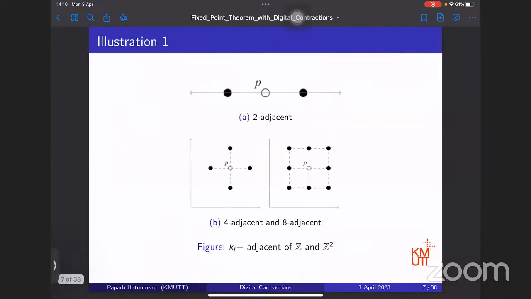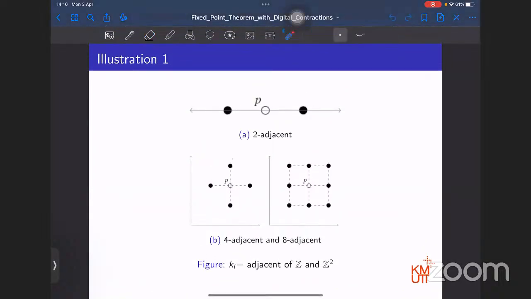Here is an illustration of adjacency in Z and Z squared. In picture A, it is 2-adjacent. You can see P adjacent to 2 points, in 4-adjacency P is adjacent to 4 points, and in 8-adjacency P is adjacent to 8 points.